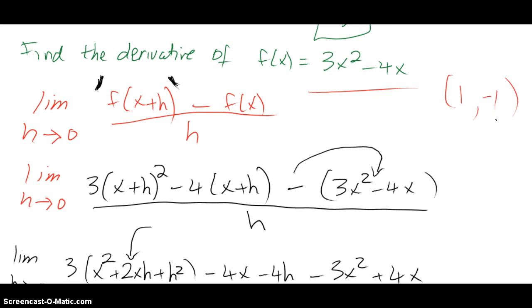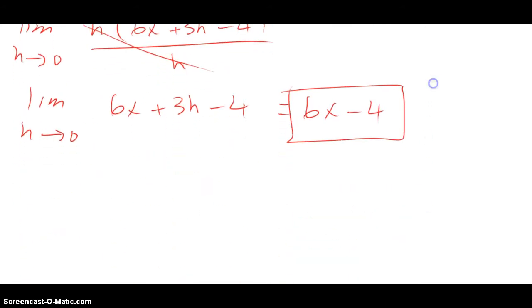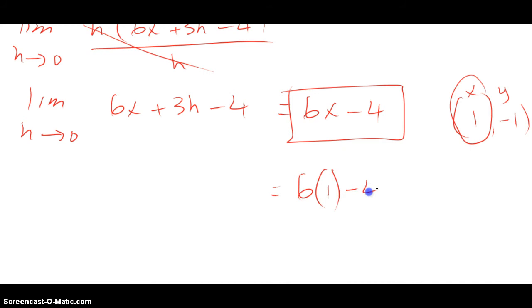If they said, find the derivative at that point, 1, negative 1, that would mean we come down here, and after we've taken our derivative, since they gave you the point 1, negative 1, all they're saying is this is x and this is y, so just plug in that x point. So that would be 6 times 1 minus 4, which is 2.